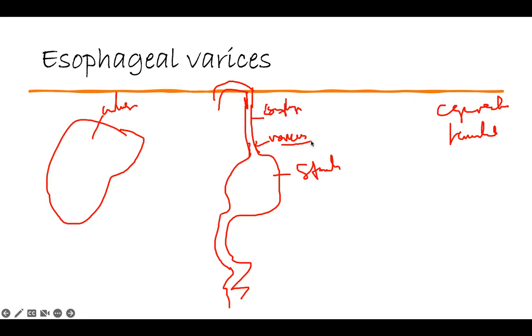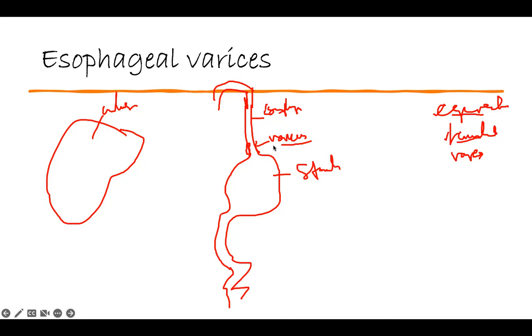And they can bleed and you can die from it. So people with cirrhosis have varices. The number one place is the esophageal varices. You can have it at your belly button, which is the caput medusae, or you can have it in the inner area, where you get hemorrhoidal varices.